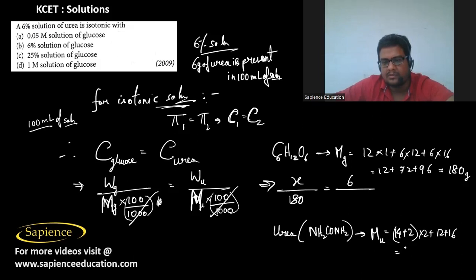So 16 times 2 is 32, 32 plus 28, that will be 60 gram. So 6 by 60 into 100 by 1000.